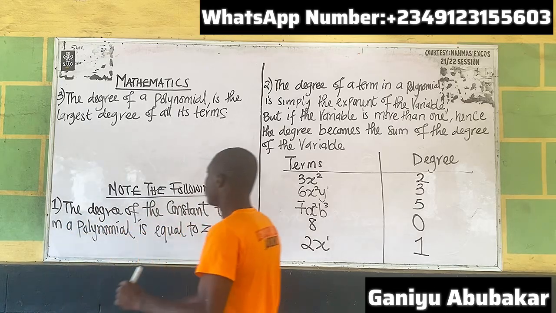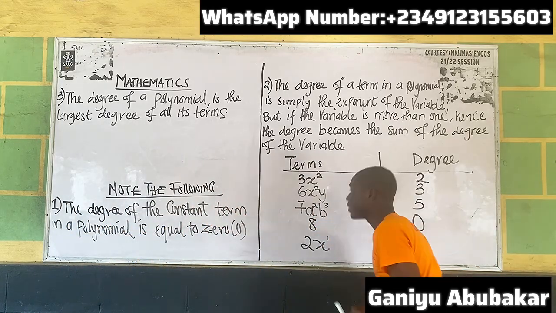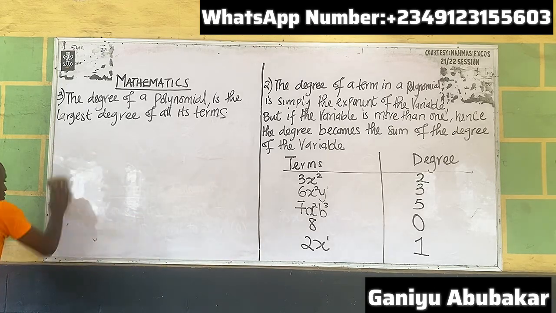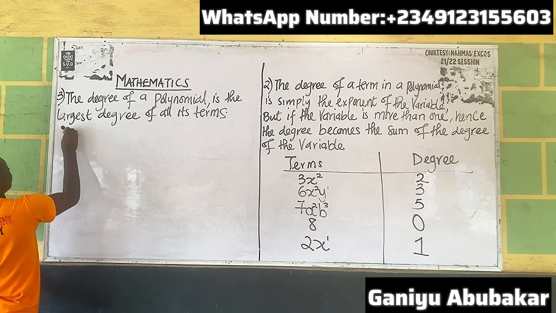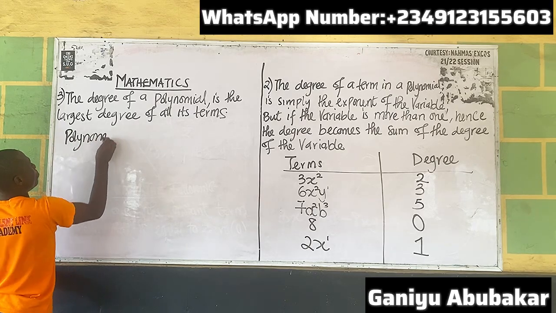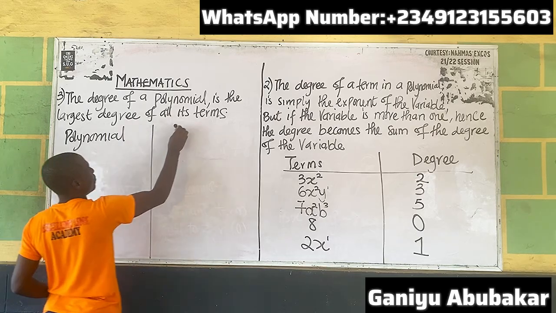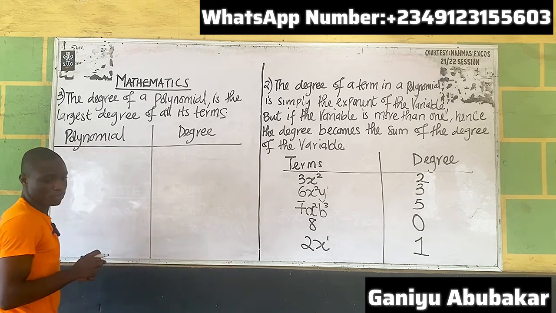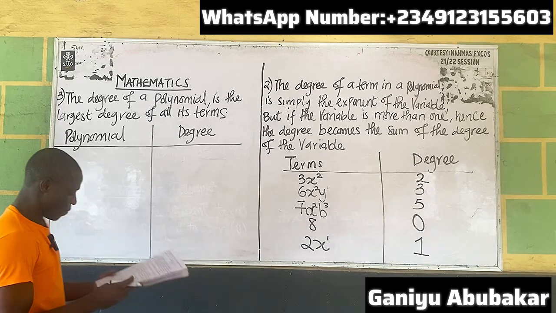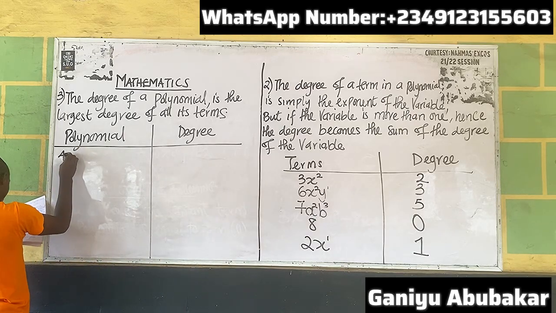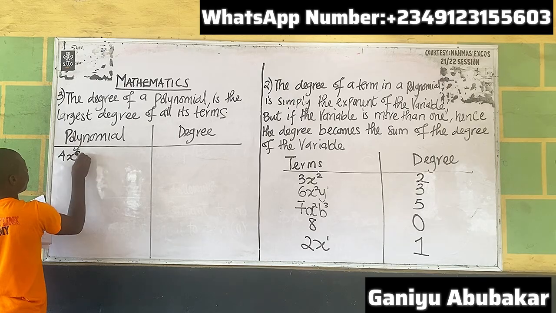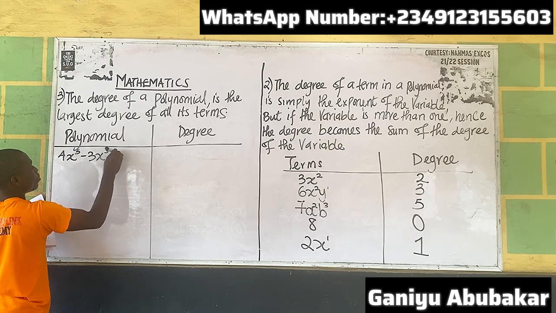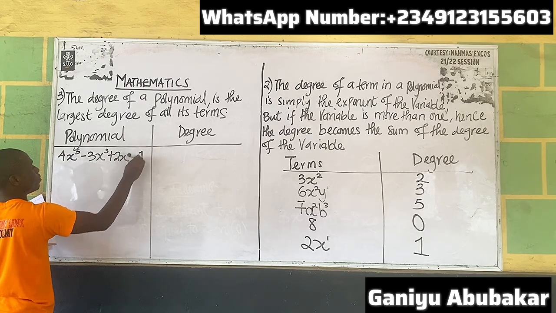Now, example. To explain this better, let me give you a polynomial here, and then we'll find the degree of the polynomial. 4x to the power 5 minus 3x cubed plus 2x minus 1.